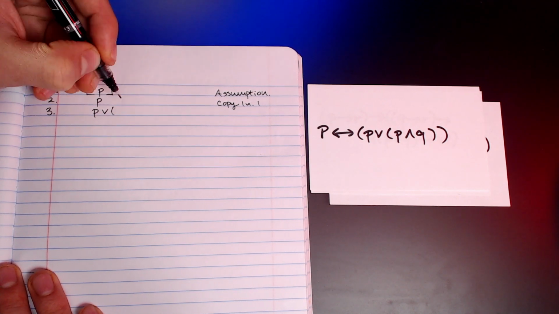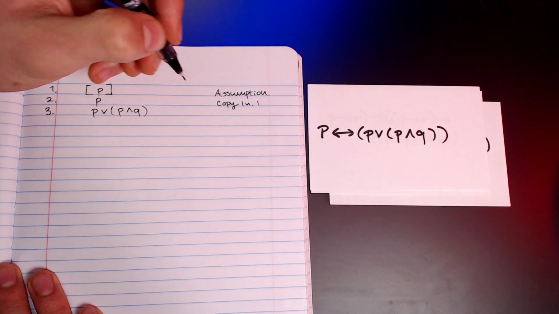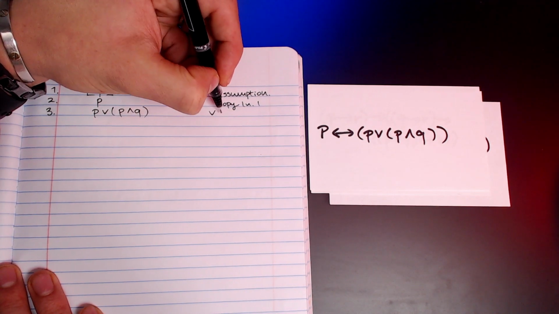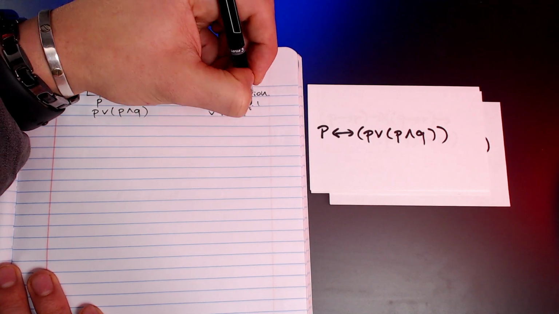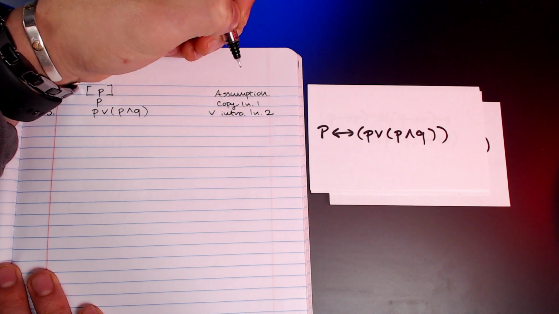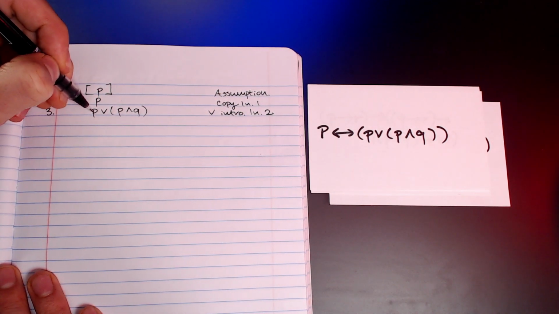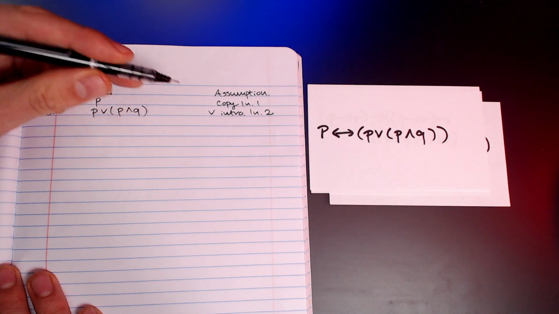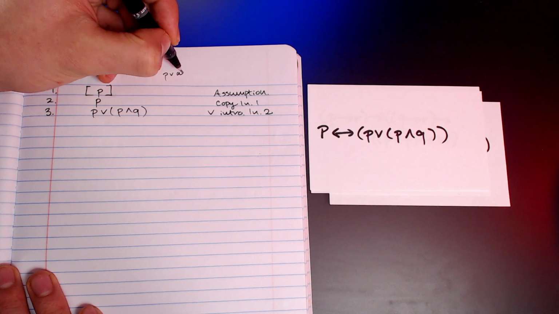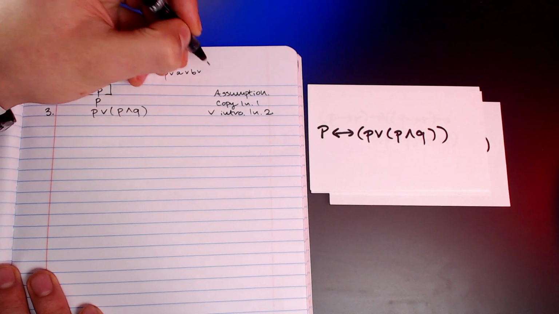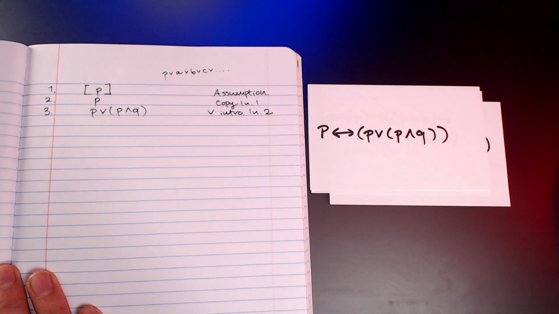In this case, we can just introduce P and Q. That would be or intro with line 2. And the reason is, if P is true, it doesn't really matter what we put over here, right? We could put P or A or B or C or anything else, and it would still be true.